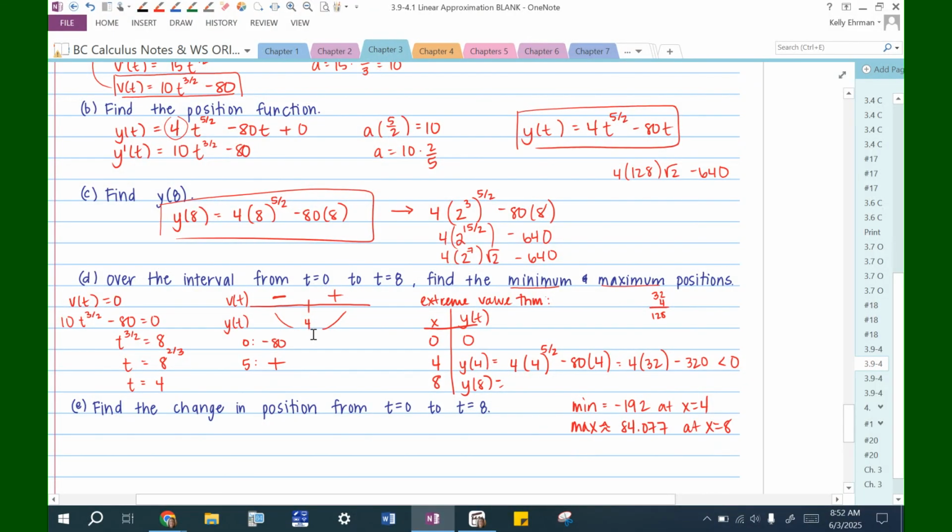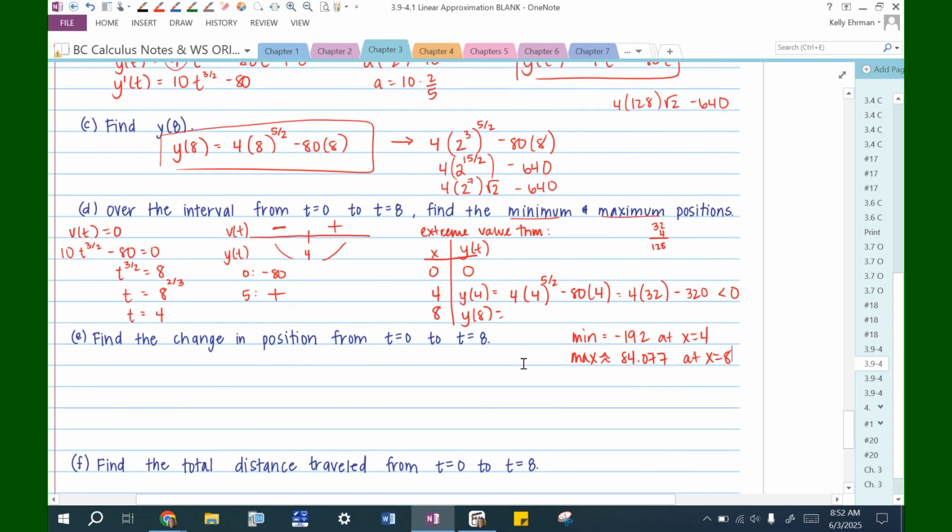And then because it only increases after that, you know that one of the maximums has to be at one of the endpoints. But you still would need to figure out, is the endpoint at 8 greater than or less than the endpoint at 0? So I guess maybe you would need a little bit of a calculator for the max.